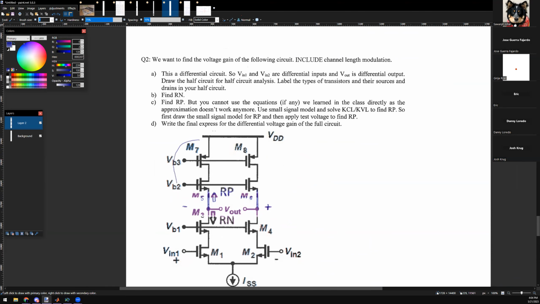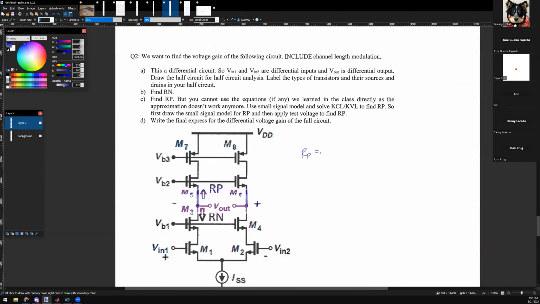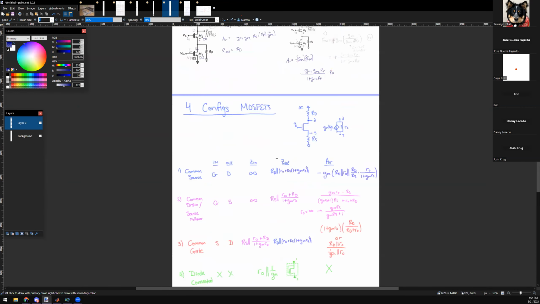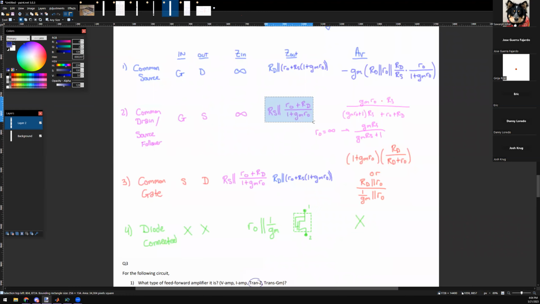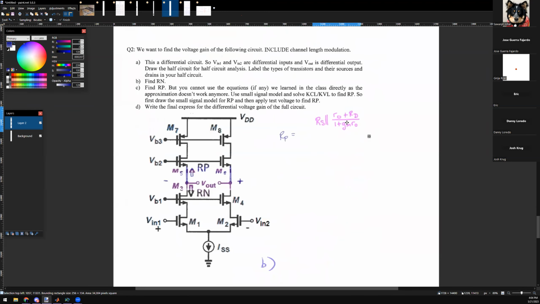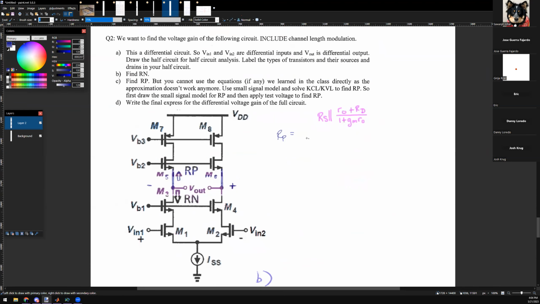Okay. So I just reference M5, M7. So RP is equal to, one is for the source. So I go to the source area. I take this guy, and this guy is going to be R naught 5 plus RD5 divided by 1 plus GM5 R naught 5. And then I need to find what RD5 is.